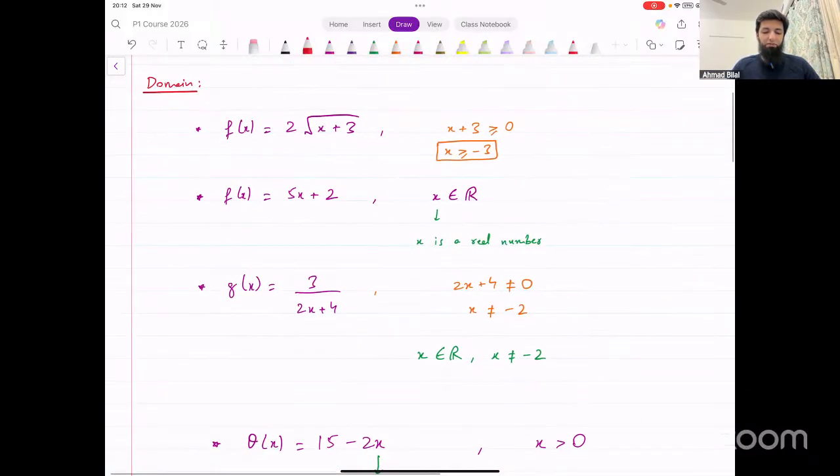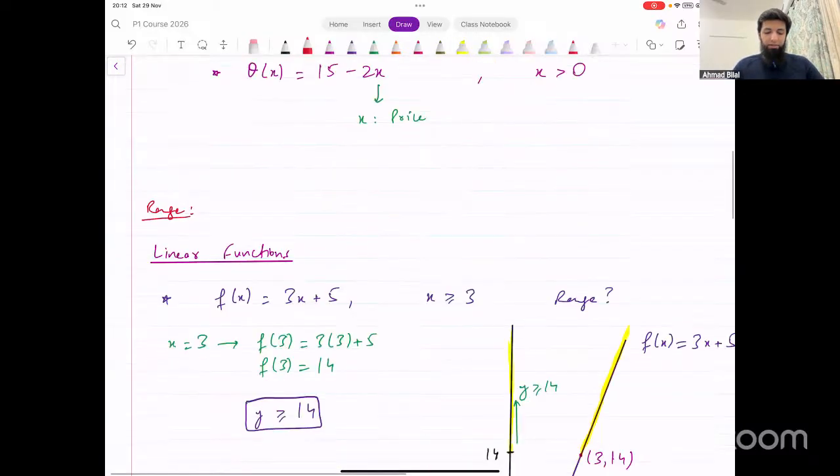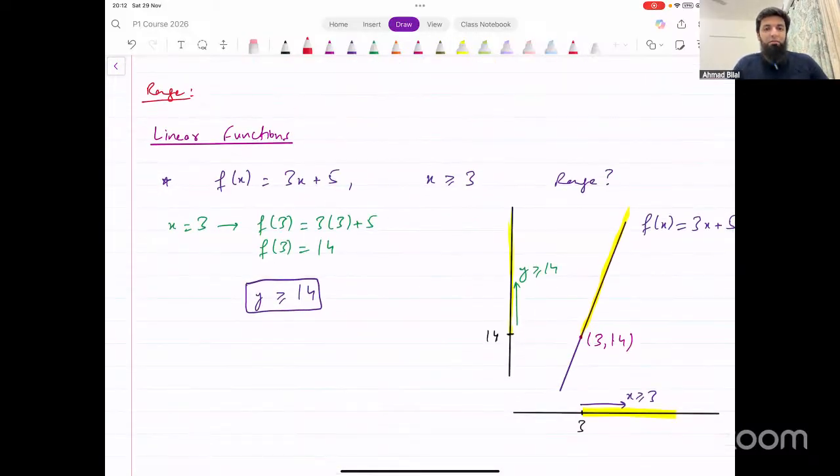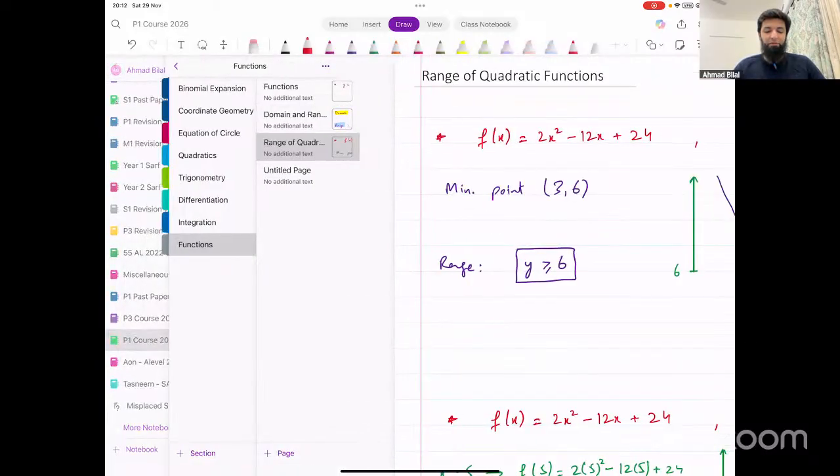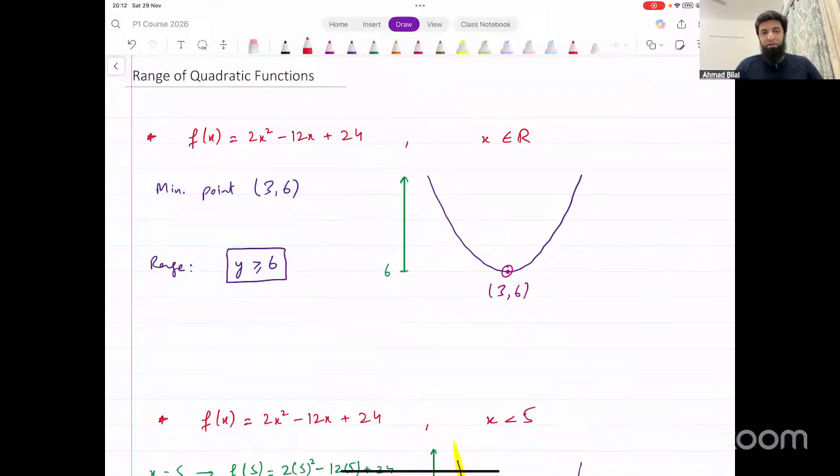The two conditions for domain that you need to remember: inside a square root, you cannot have something negative. If you have a fraction in the denominator, you cannot have a 0. Then for range, we talked about how to find range of linear functions and then quadratic functions. We'll continue from here in the next class, inshallah, when we talk about range of reciprocal functions and trigonometric functions.